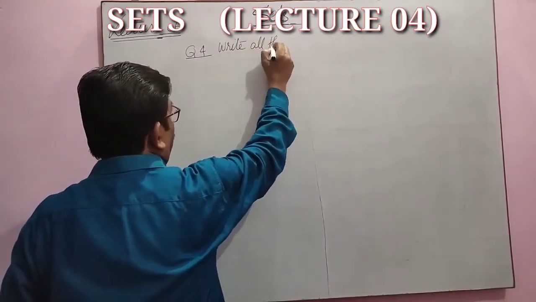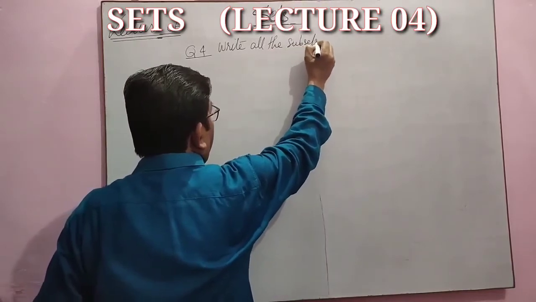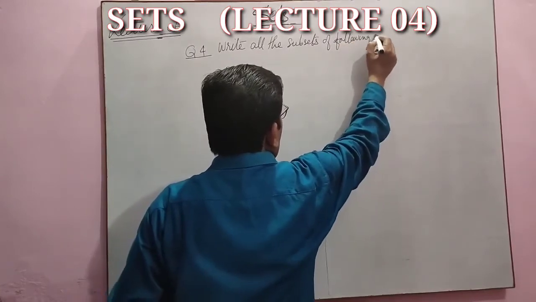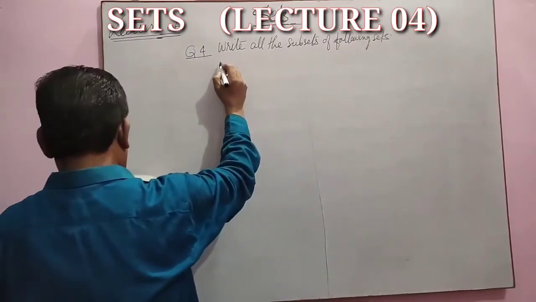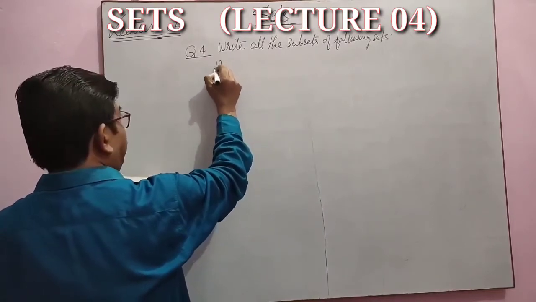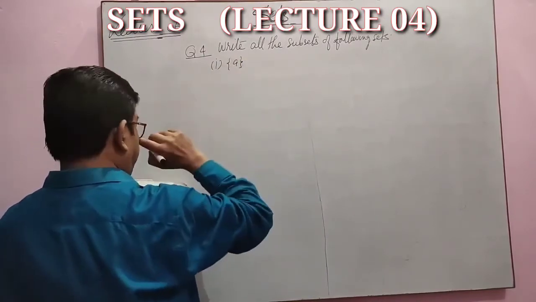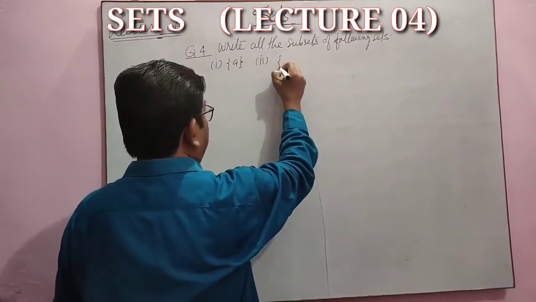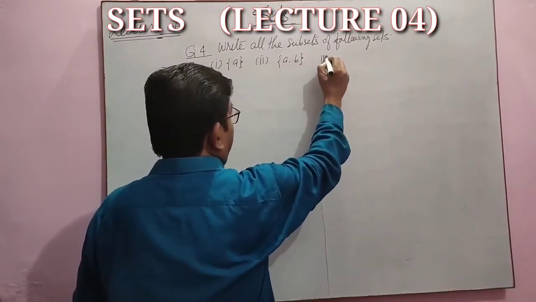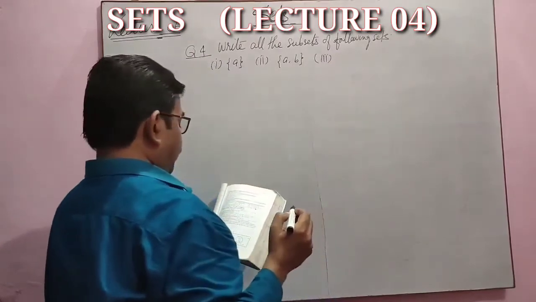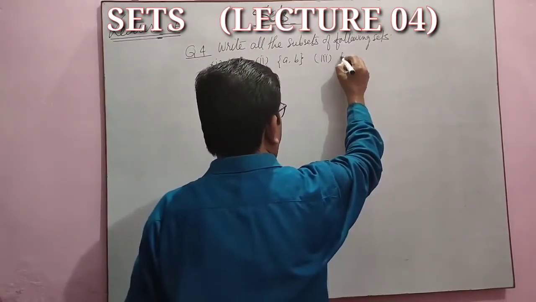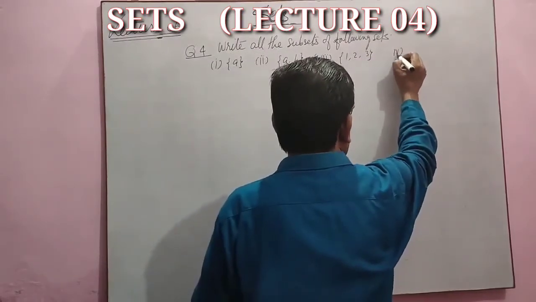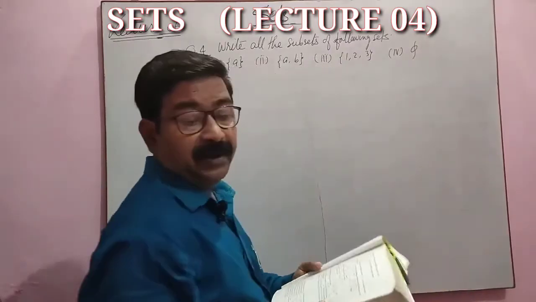There are 4 parts: the first part, a set containing element A; the second part, a set with elements A and B; the third part, having elements 1, 2, 3; and the fourth part is phi, that is the null set.